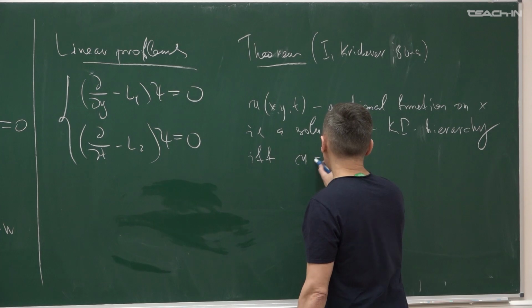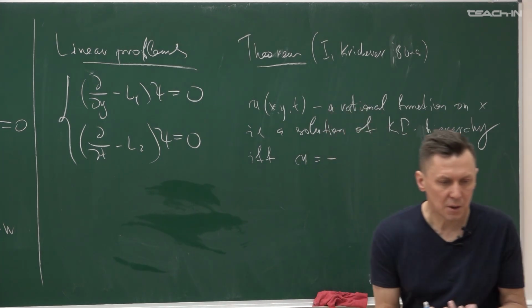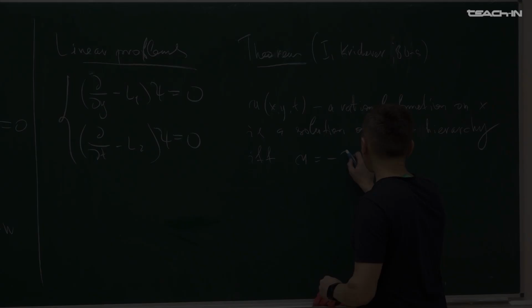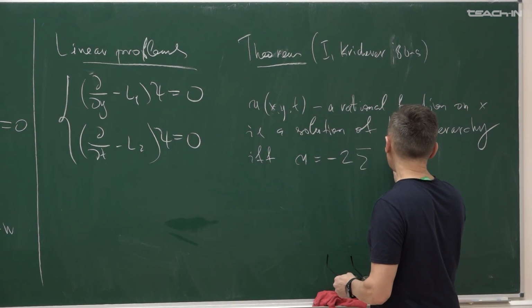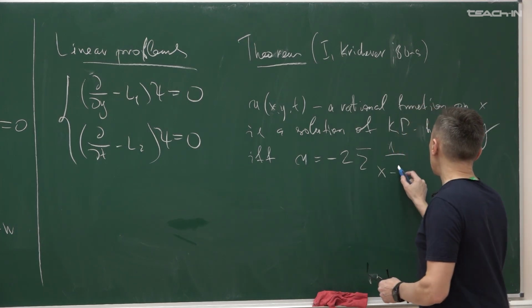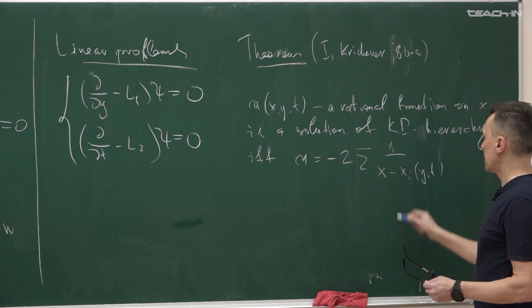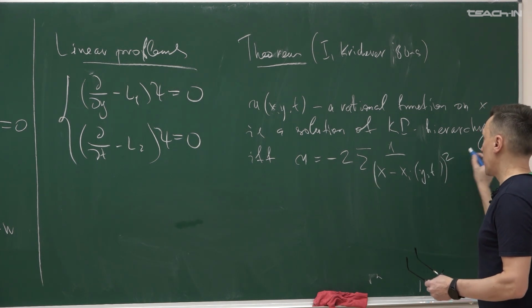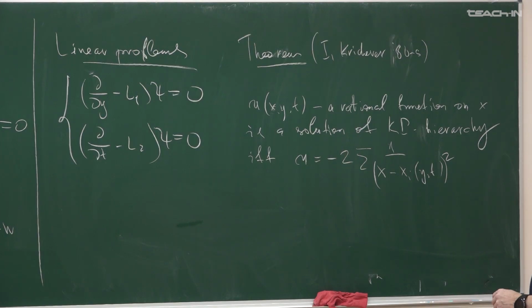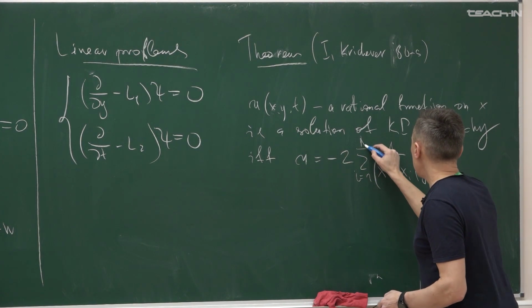u has the form minus 2 times the sum of 1 over (x minus xi_i of y and t) squared, and this is a finite sum.